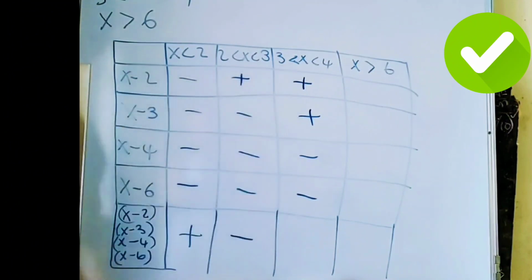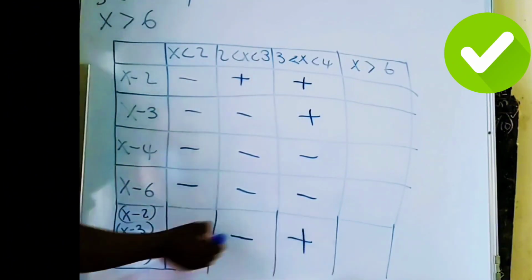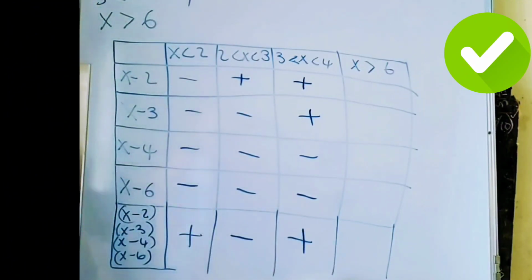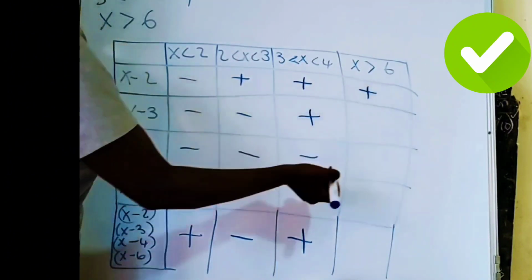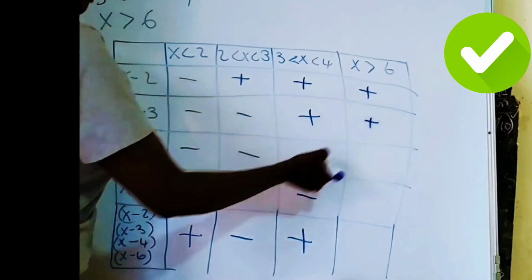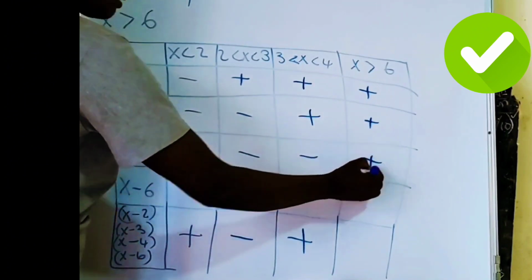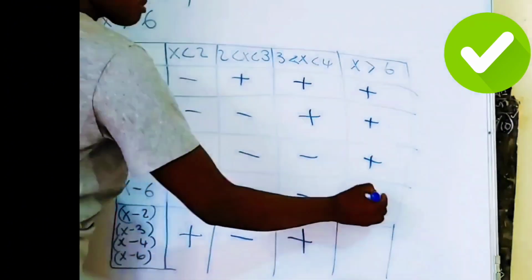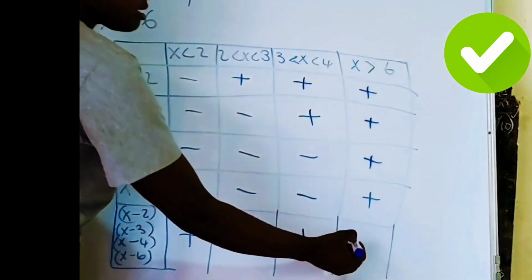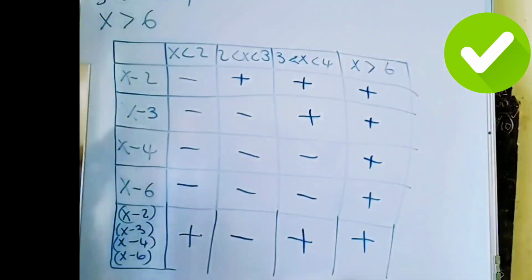And so the product of this is positive. Now in our last range, let's pick a value. For example, 7 is greater than 6. So 7 minus 2 is positive. 7 minus 3 is positive. 7 minus 4 is positive. 7 minus 6 is positive. And the product of all that is positive.